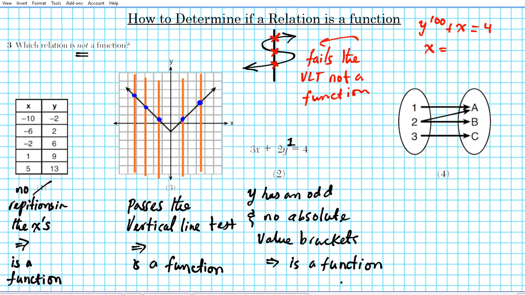X equals the absolute value of y plus 3. This is not a function because the y, the dependent variable, has an absolute value. And then this is not a function because the y has an even exponent. Okay, so these two are not functions. But this is a function because the power of y is 1, and 1 is what? Odd. Okay. All right.